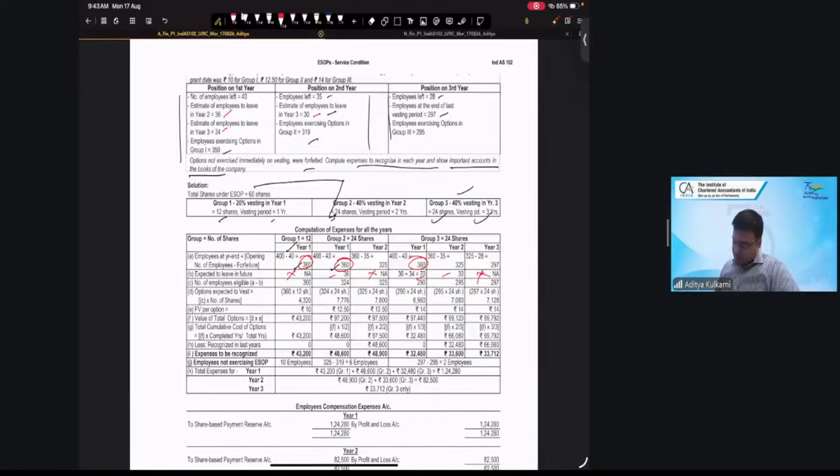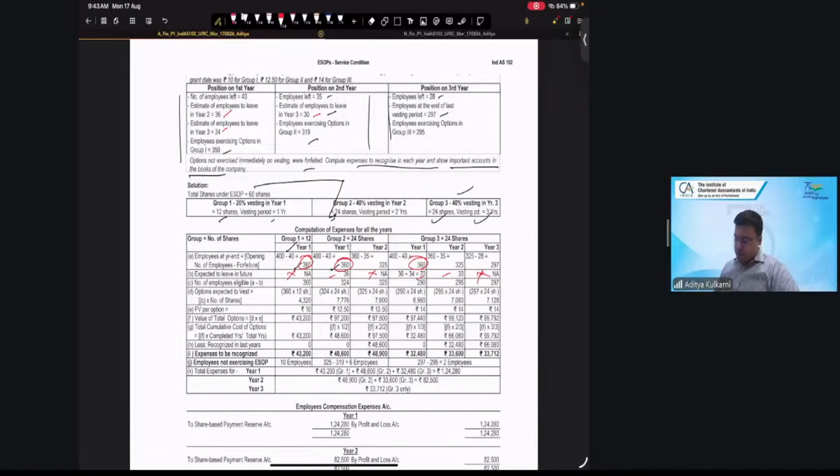Next, number of employees eligible, 360. Then 360 into 12, expected to vest 4,320. Fair value per option 10, so 43,200. This is the expense that you will recognize in respect of group 1 in the first year.